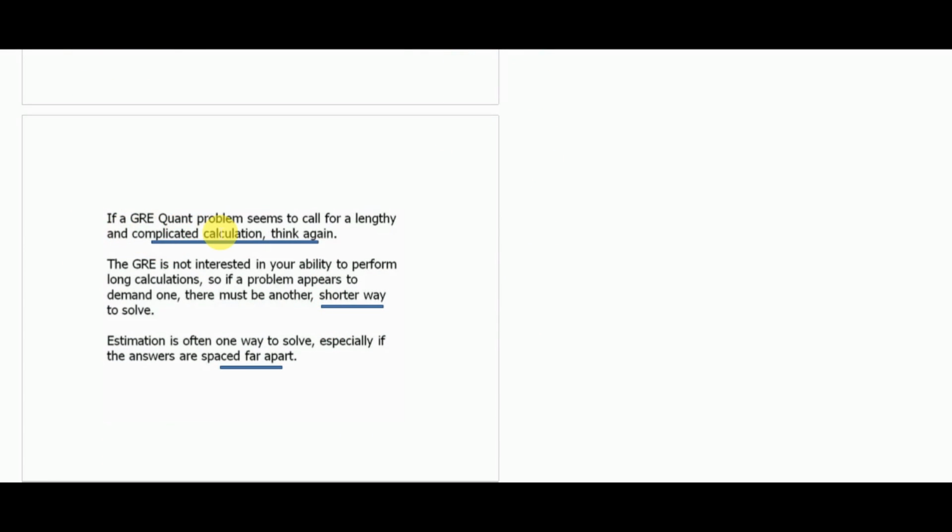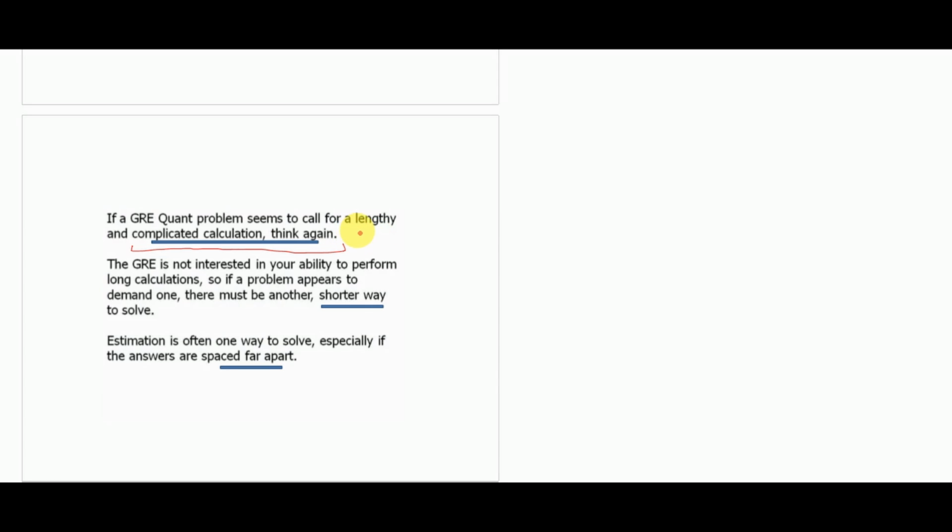So if a GRE quant problem seems to call for a lengthy and complicated calculation, think again. This is something you'll start noticing while you're into your GRE quantitative practice: every time you're solving a question, whether it's arithmetic or algebra, and your expressions and equations are expanding, you should always stop and understand that you have fallen into a very typical, very common GRE trap.